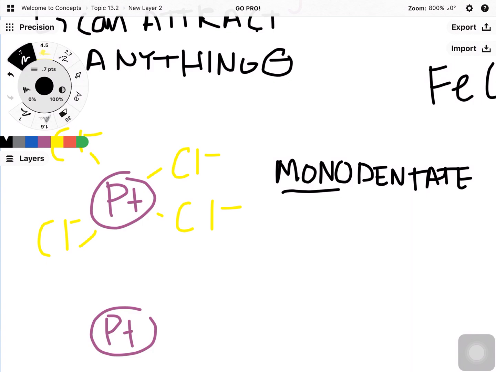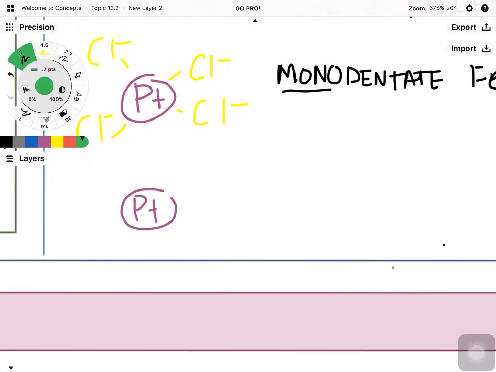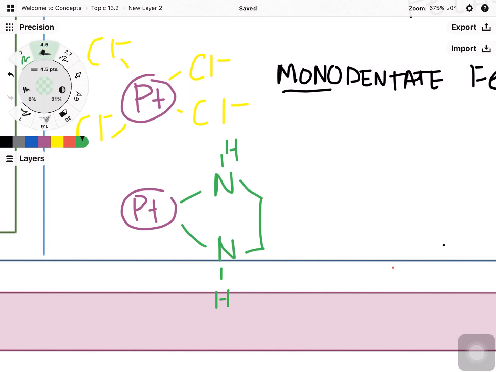So you can probably guess what the other case is. The other case is when we have ligands where we have, let's say we have some nitrogen, some carbon, some hydrogen, and some hydrogen. So in this case, this is one entire molecule. And so this one molecule is bonded to my central ion twice.